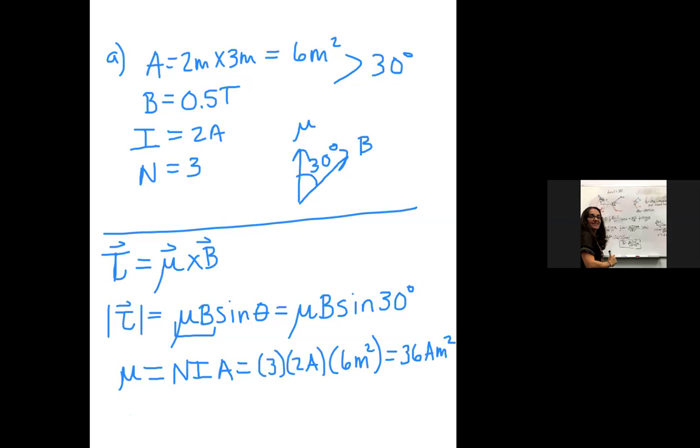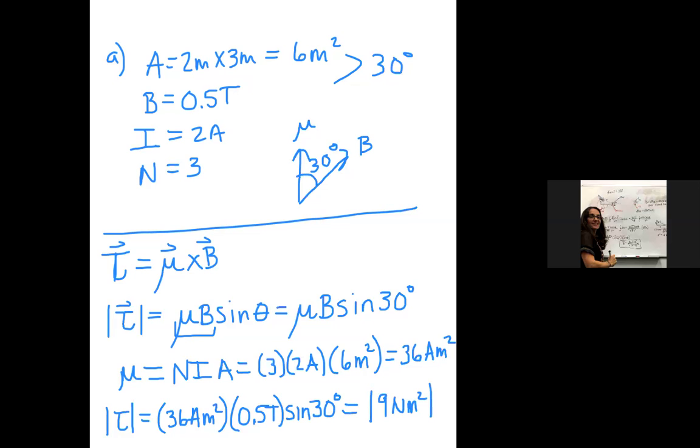It's 0.5 Teslas. So the magnitude of the torque is mu, which is 36 amp meters squared, times the B field, which is 0.5 Teslas, times the sine of 30 degrees, and that gives us a torque of 9, and the units on torques are Newton meters, and I'm doing absolute values.